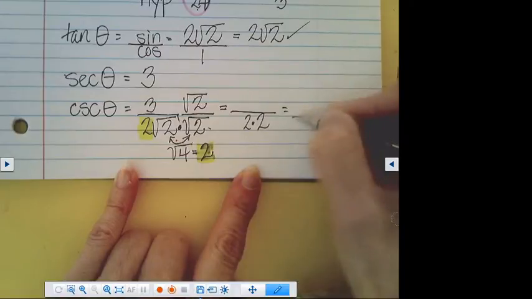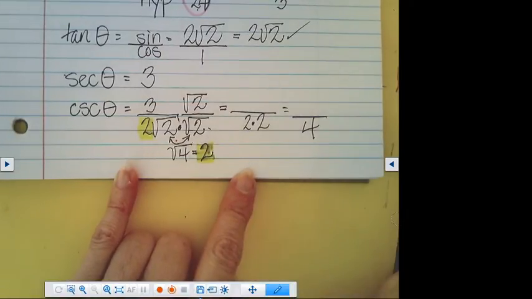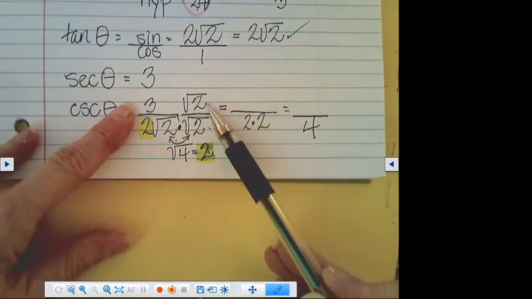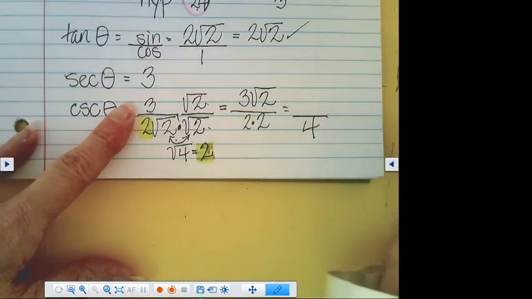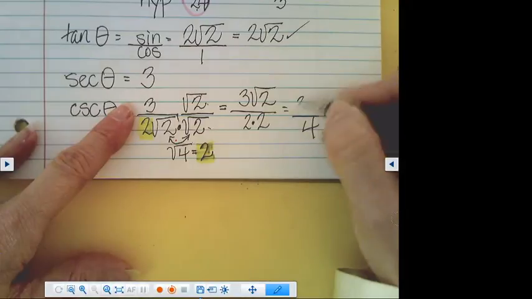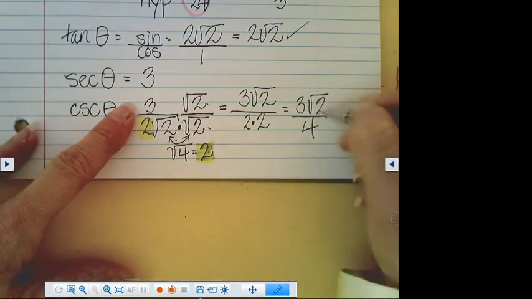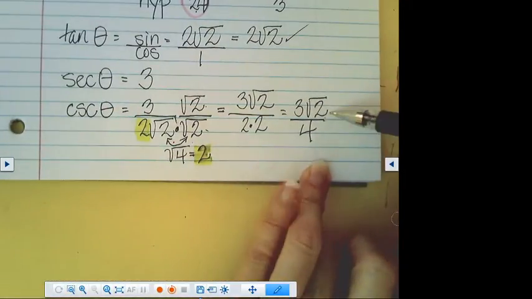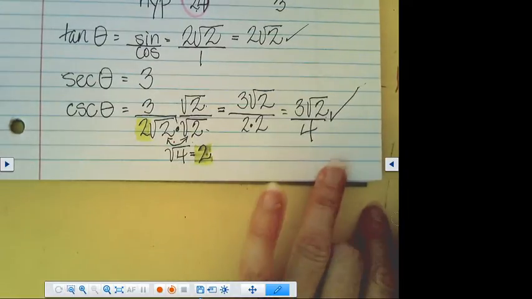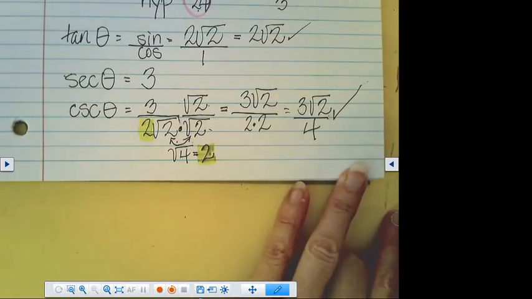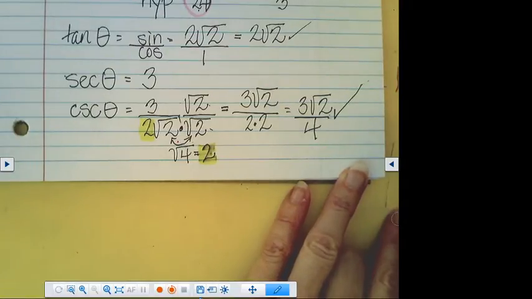You actually have 4, right? Now the numerator, it had a 3. It gained a square root of 2. And that is totally simplified. You can't do anything with that. So now we have 3 square roots of 2 divided by 4. Well, all we do is rationalize our denominator, pretty much.